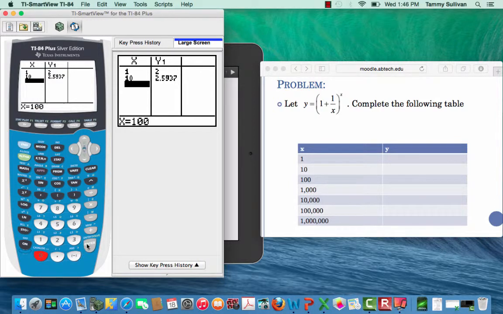So I'm going to input 100. Then I'm going to input 1,000. Then they want me to input 10,000. 100,000.